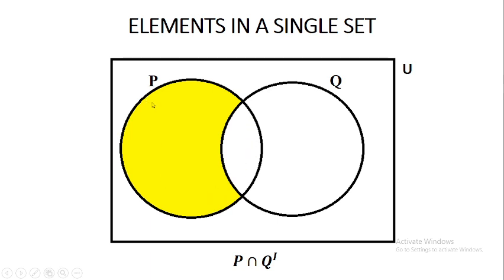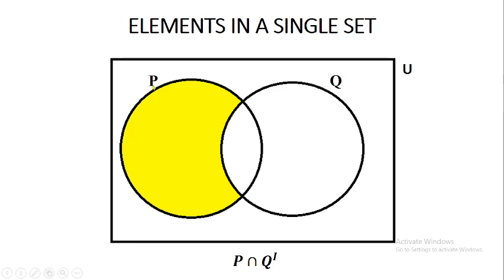Are you there? Now, let's say set P has elements 1, 2, 3, 4, 5. That means all the elements 1, 2, 3, 4, 5 will be inside the whole circle. Are we there? And let's say we have set Q also having, let's say, 1, 8, 9.